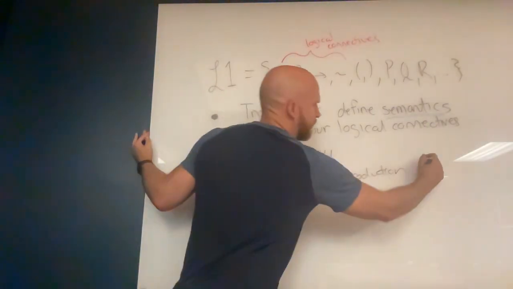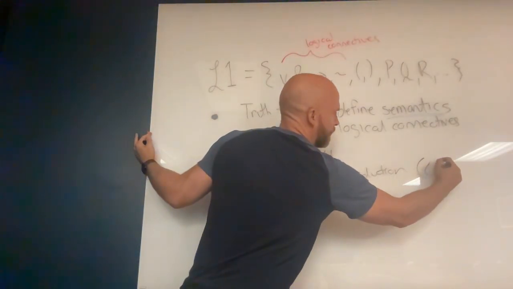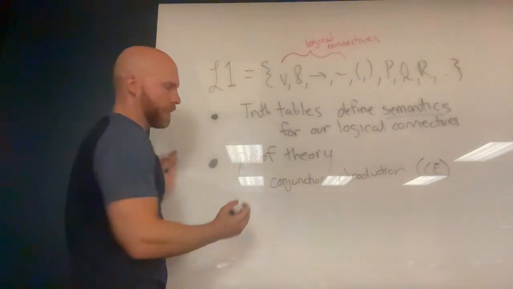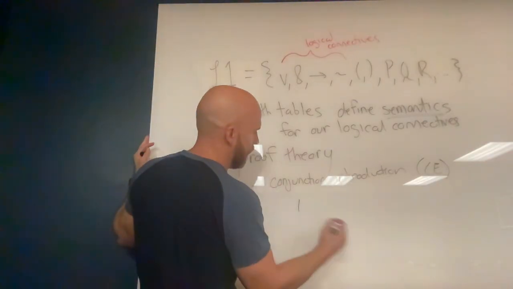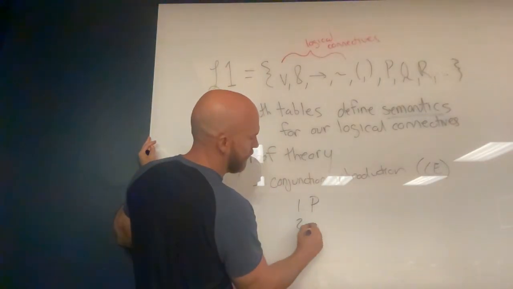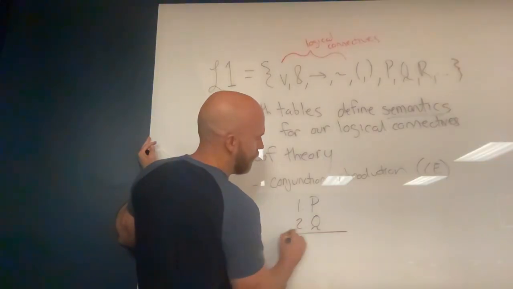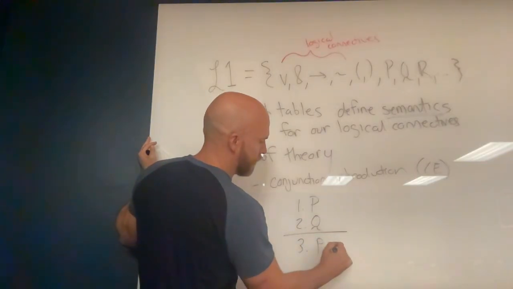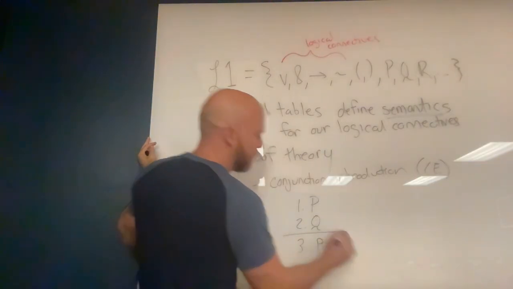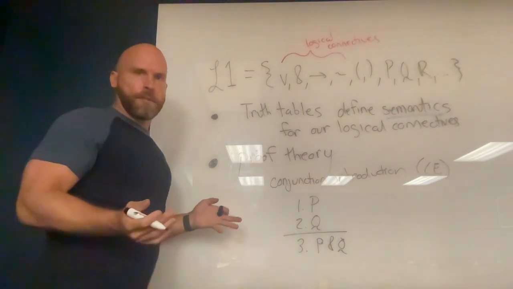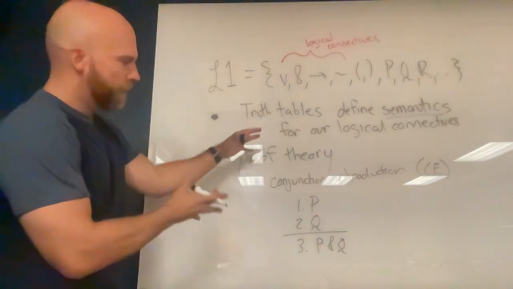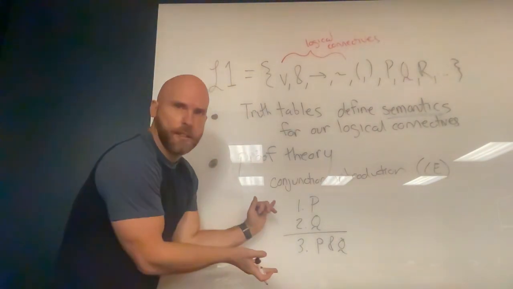We'll abbreviate that CE. And it looks something like this. Whenever you have P, whenever you have Q, you can introduce a conjunction, P and Q, right? So the proof theory is going to consist of moves like this.